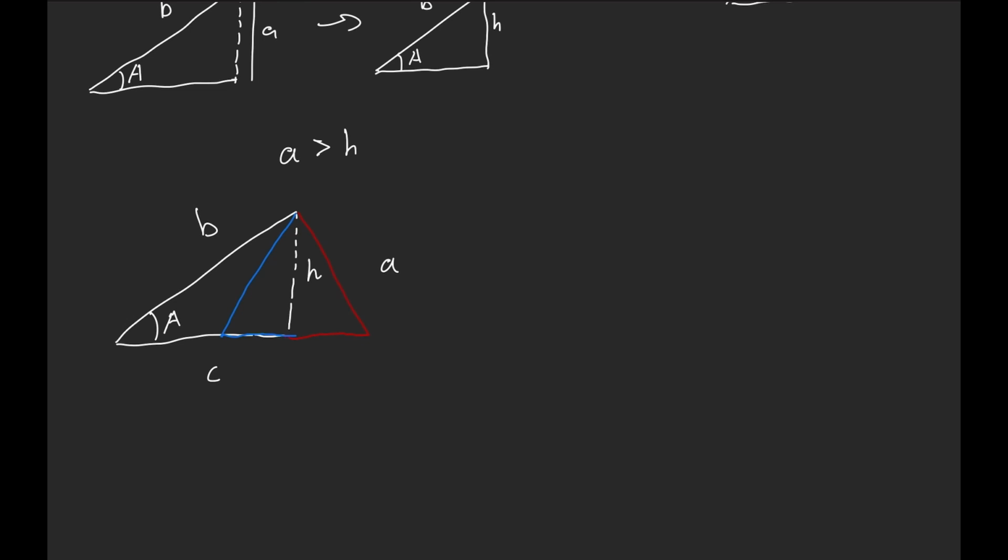Both are equally possible because A is bigger than H, so it could swing both ways, and we don't know C. Only angle A stays the same in this case, but we don't know C. We also don't know this bottom angle right here, angle B. So since we don't know these, both of these triangles are possible.